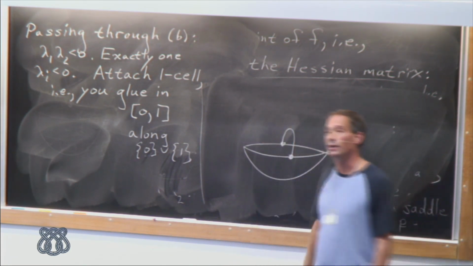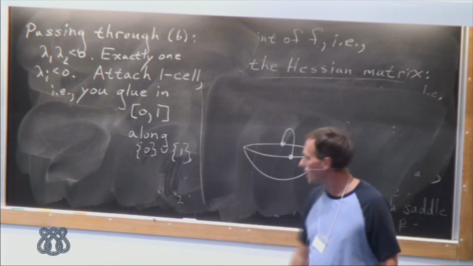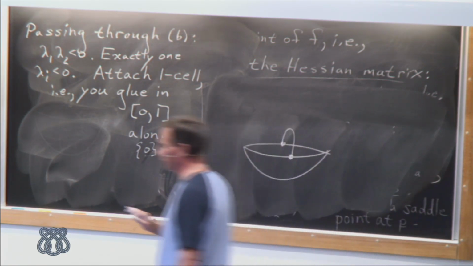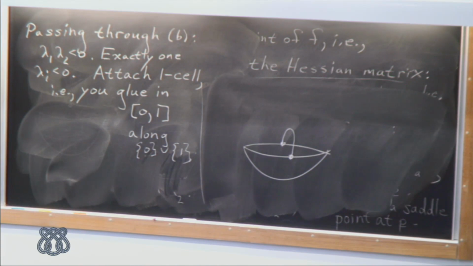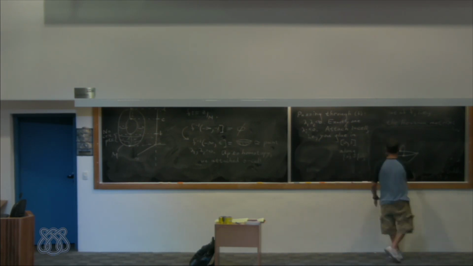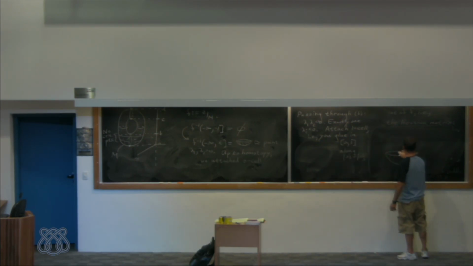You glue in a 1 cell, just like that. Now, that's up to homotopy. You can describe this up to smooth things of the right dimension called handles. It takes more work because up to homotopy, that's the same as gluing in a strip.